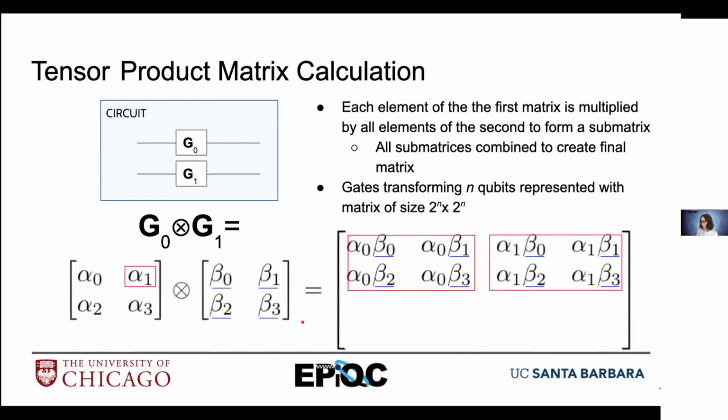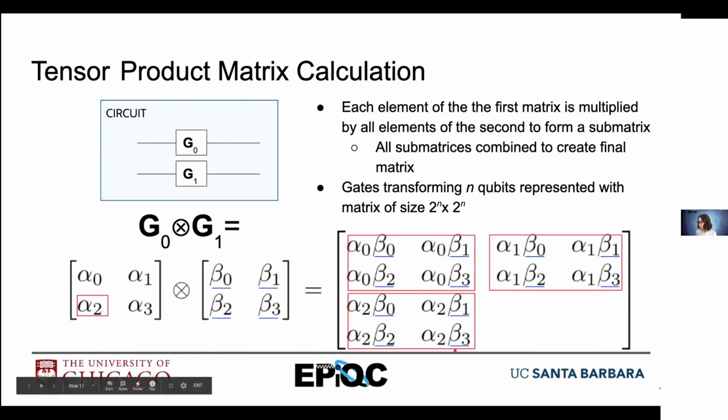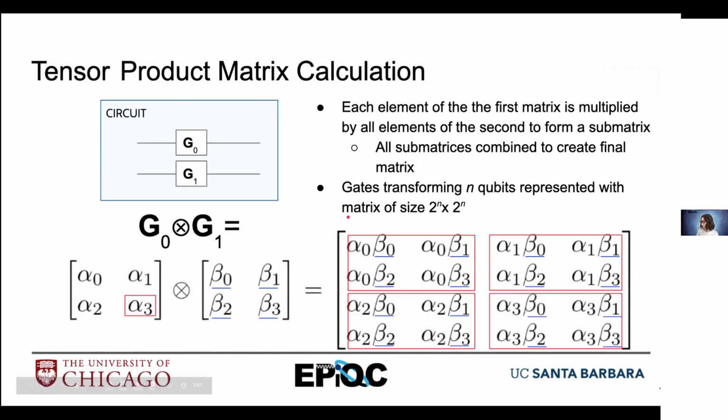And we repeat for all of the elements. So alpha 1 times beta 0, beta 1, beta 2, beta 3. Alpha 2 times beta 0, beta 1, beta 2, beta 3. And finally, alpha 3 times beta 0, beta 1, beta 2, beta 3.